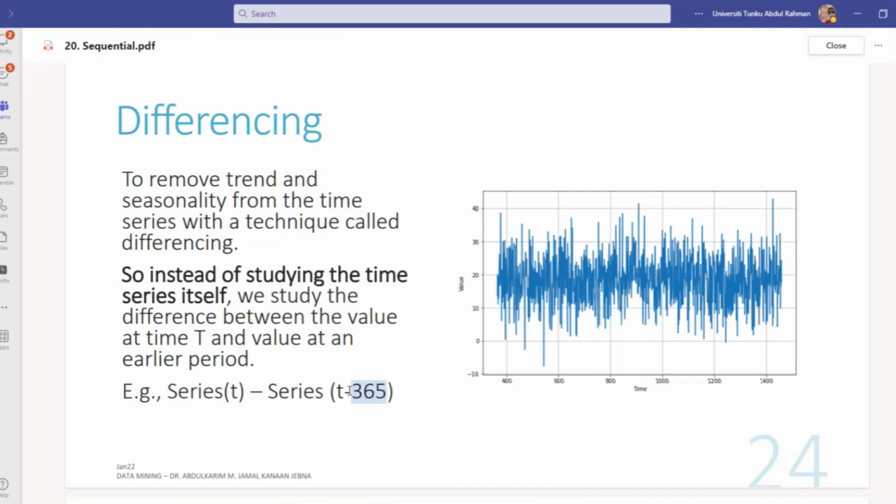But which value? Since we have seasonality of 1 year in this example, we subtract from the value the corresponding value at the earlier year.